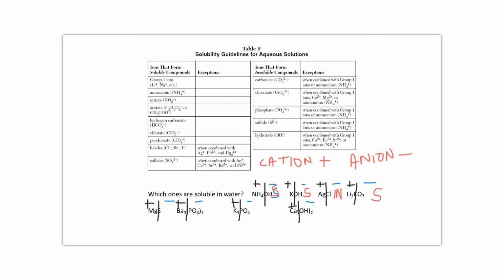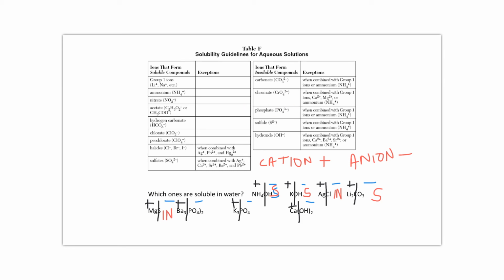And you can continue down the road. Sulfide is normally insoluble, except when it's bonded to group 1 or ammonium. Magnesium is not a group 1 element, therefore it's insoluble. Barium phosphate, where's the phosphate? It's right here.